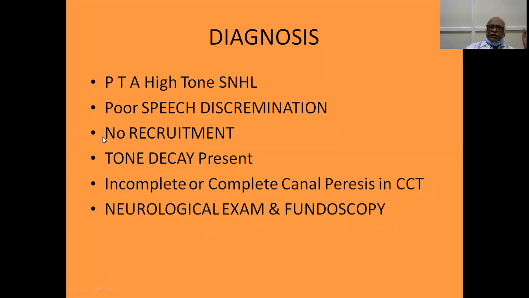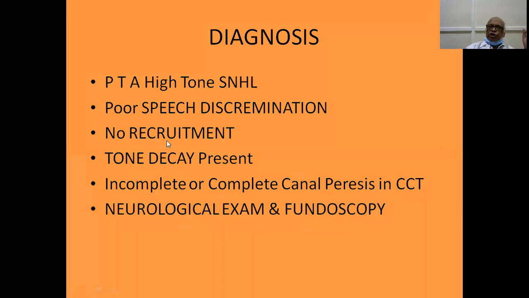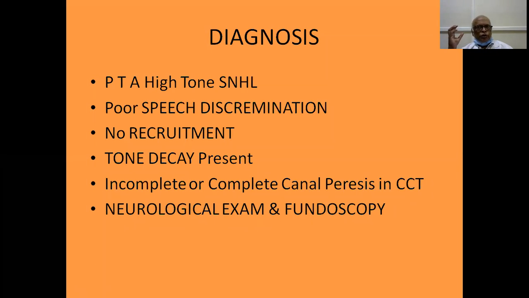How do we demonstrate recruitment? By means of the short increment sensitivity index test, SISI, in audiogram. What does it mean? Suppose an individual is able to hear, say, 400 frequency at about 10 decibels.